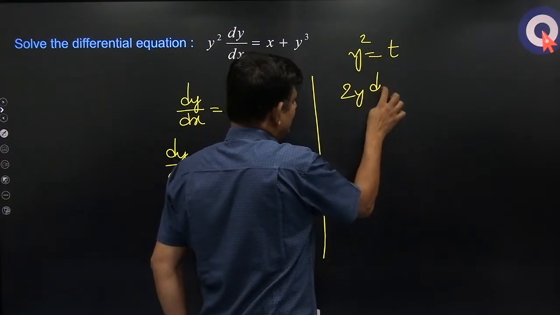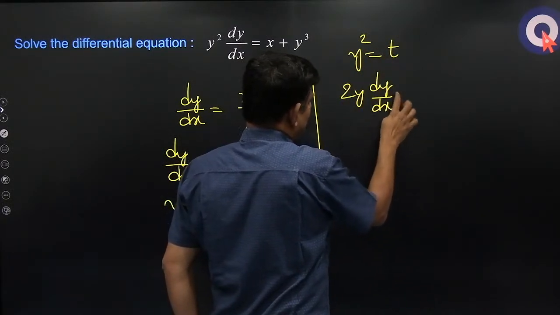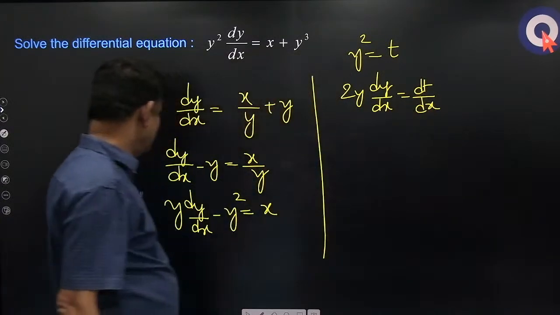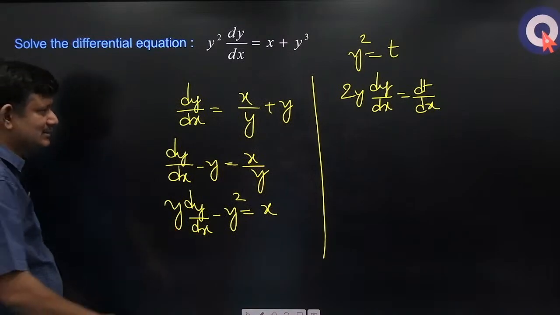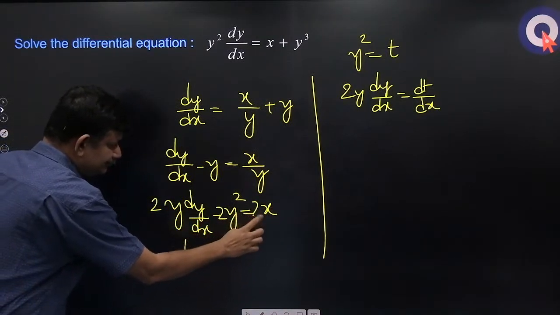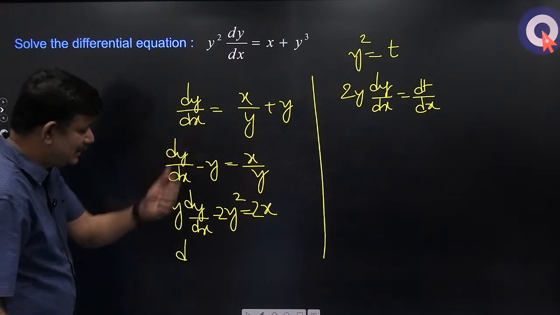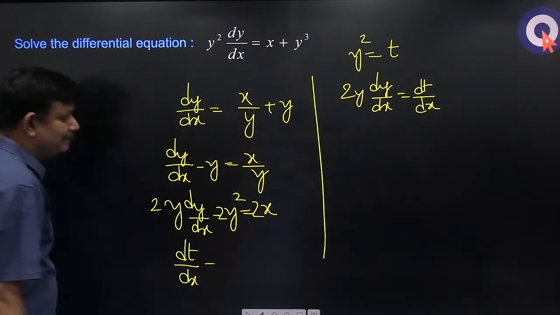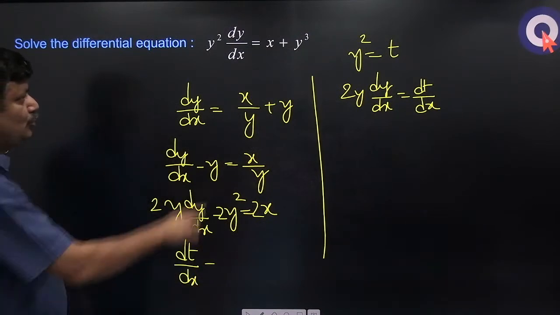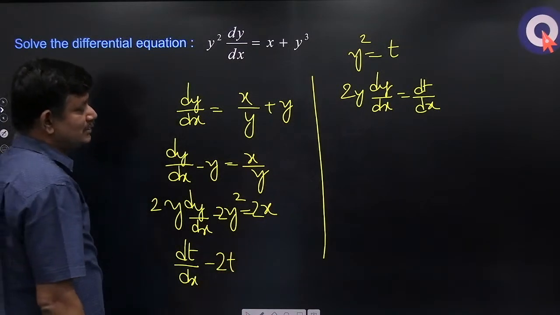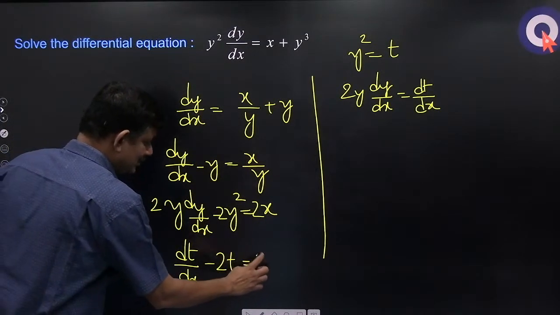2y dy by dx will be your dt by dx. Here dt by dx. So y dy by dx I can write it as, or I will multiply throughout by 2. 2y dy by dx I can write as dt by dx, minus 2y square is 2t, is equal to 2x.